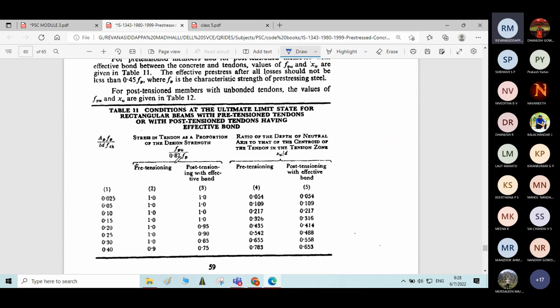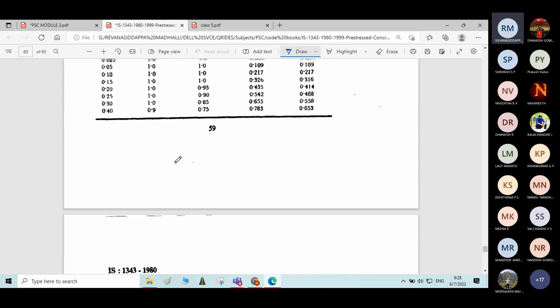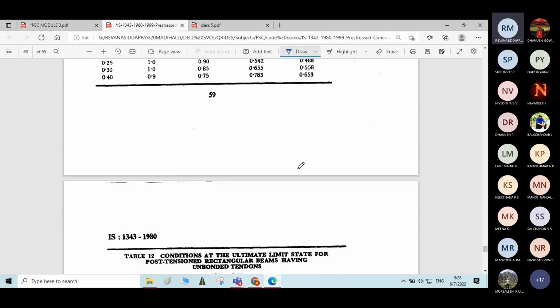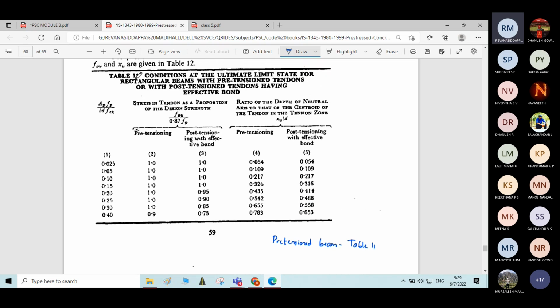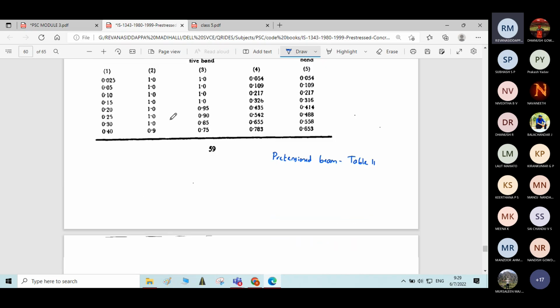Depending upon the beam, whether it is pre-tensioned or post-tensioned, we will use table 11 or table 12. Remember, for a pre-tensioned beam, we will use table 11.